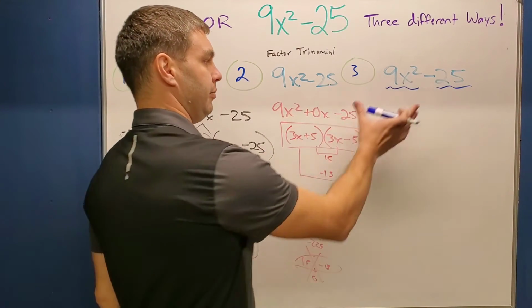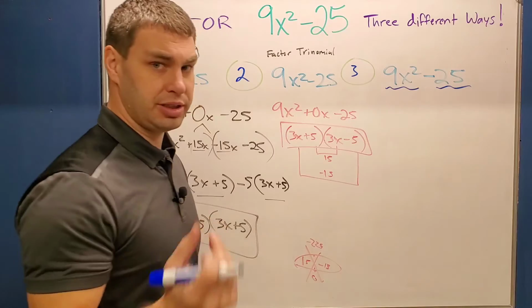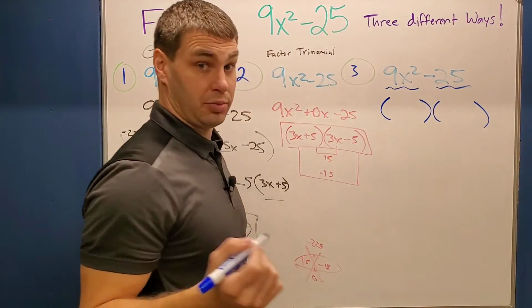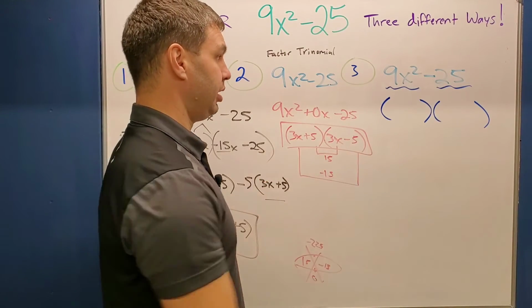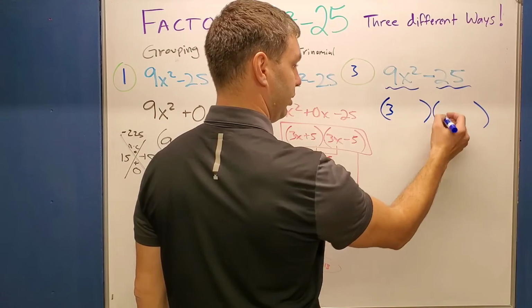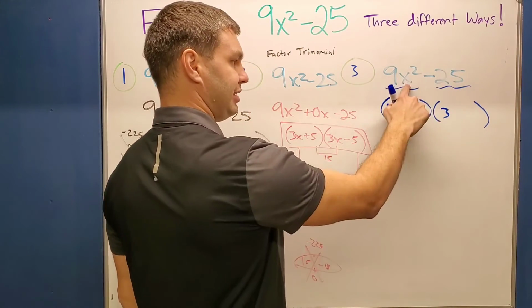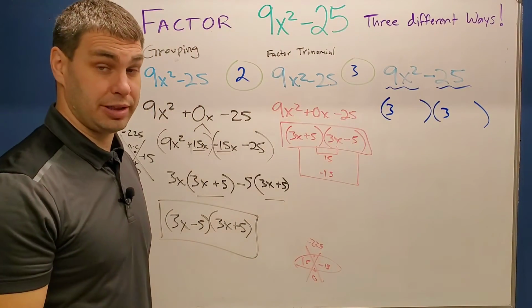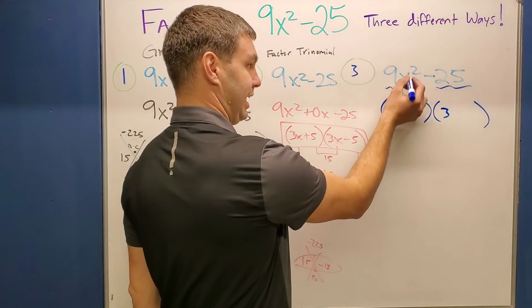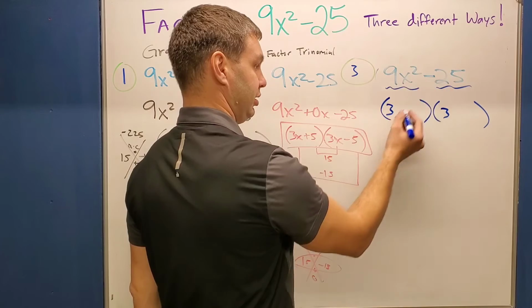Okay? If they're both perfect squares, what you can do when you write your two sets of parentheses is just take the square root of each term. For example, the square root of 9 is 3, so that's going to go in my first slot on both sets of parentheses. But this also has an x squared. Well, x squared is a perfect square as well. In fact, the square root of x squared is just x. So that's going to get tacked on with the 3 since this is all one term right here.